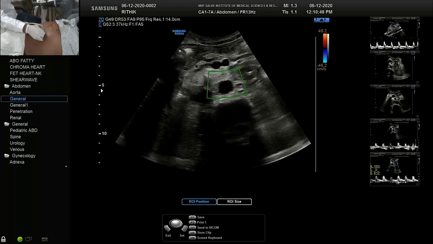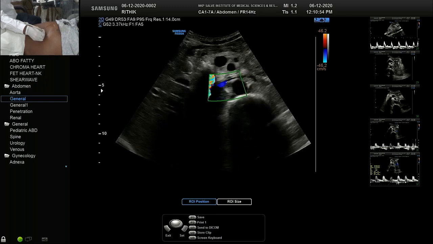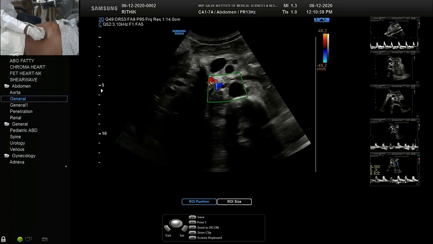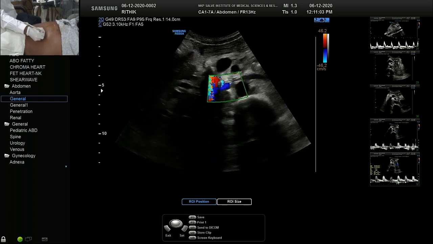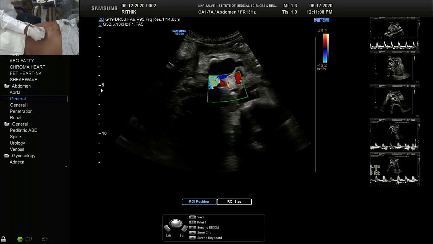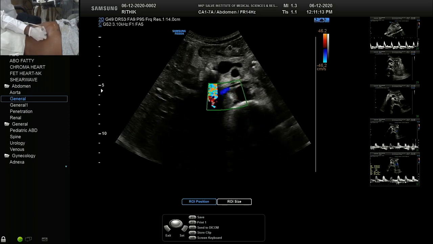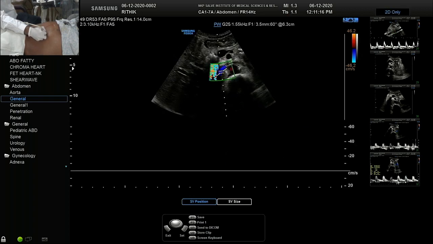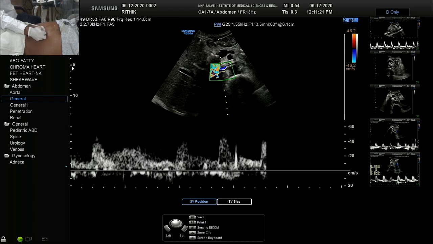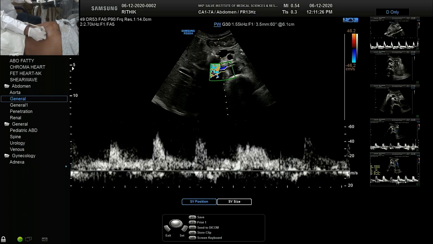We'll try them again. The patient is not able to hold breath.